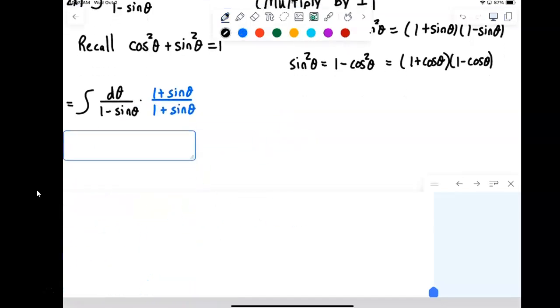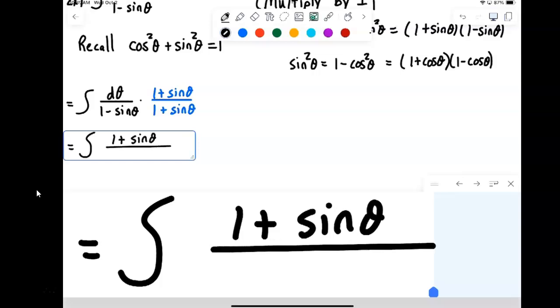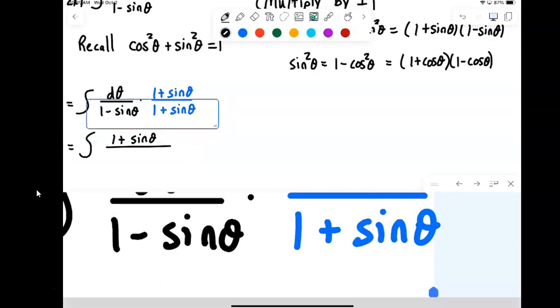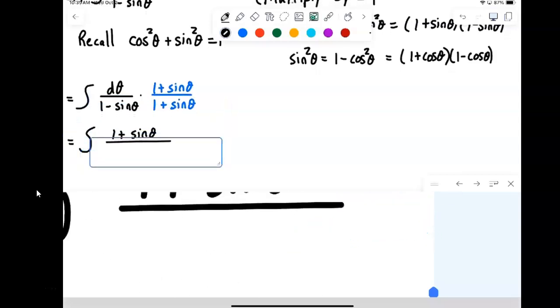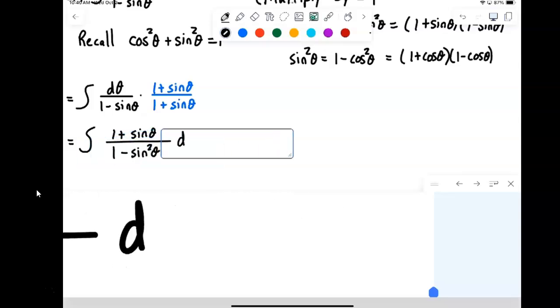When we do that, we will get the integral of 1 plus sine theta on top over, well, we chose that to make it a difference of squares, 1 minus sine squared theta, d theta.